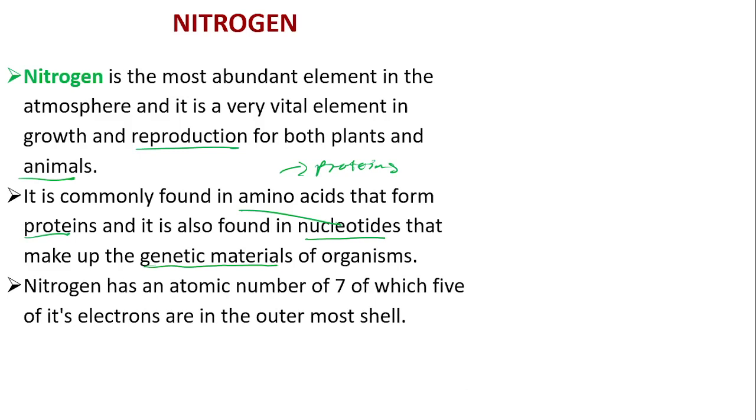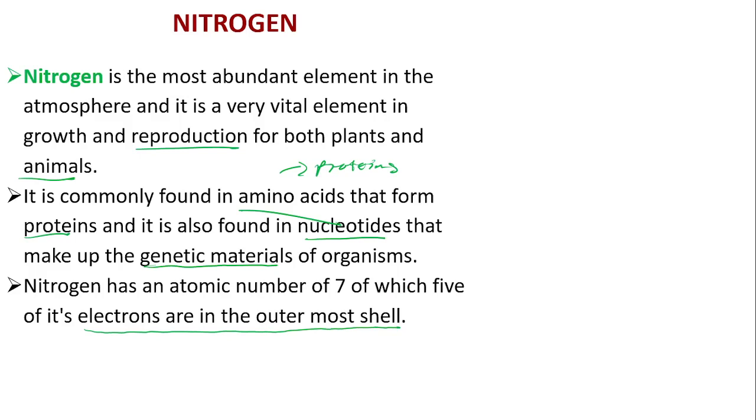Nitrogen has an atomic number of 7, of which 5 electrons are in the outermost shell. When you talk of the valence number of nitrogen, it's a little bit different from other atoms.